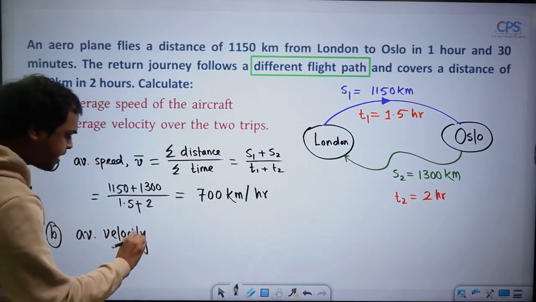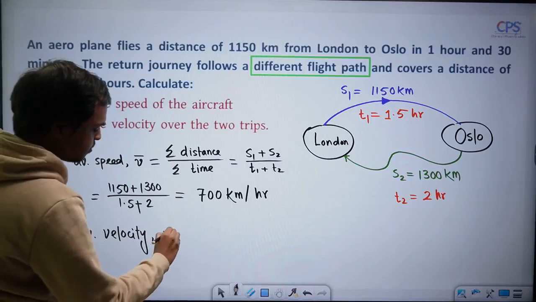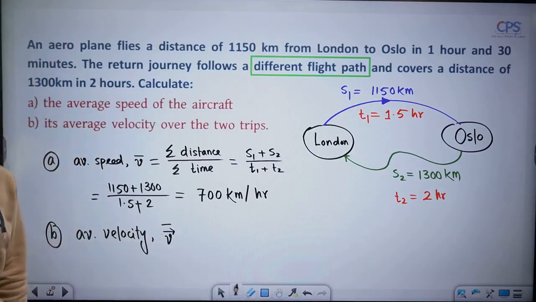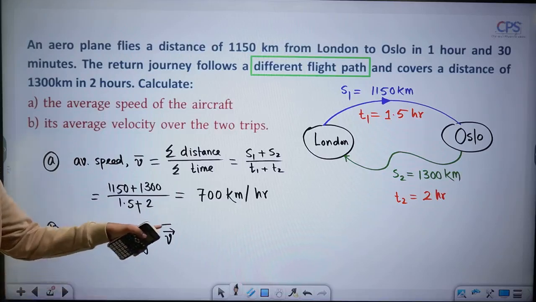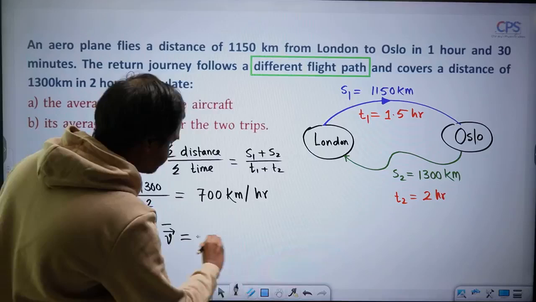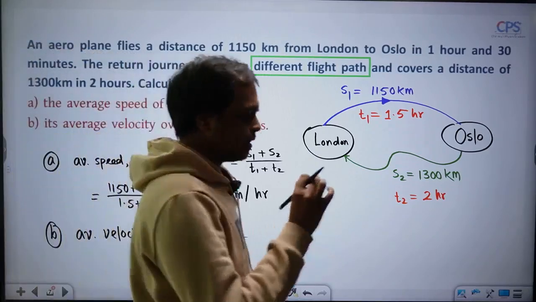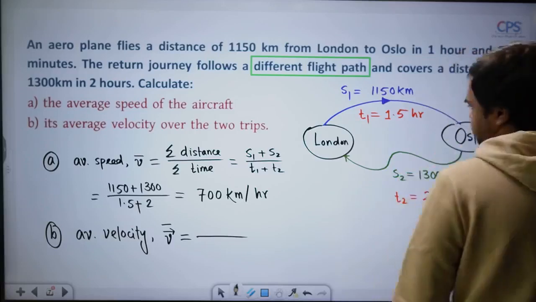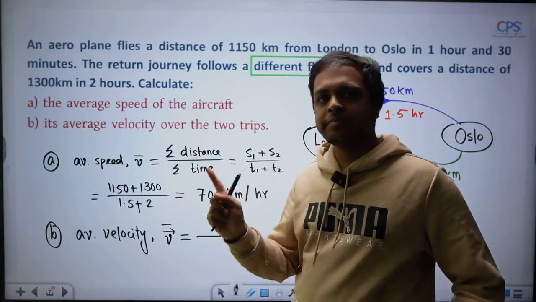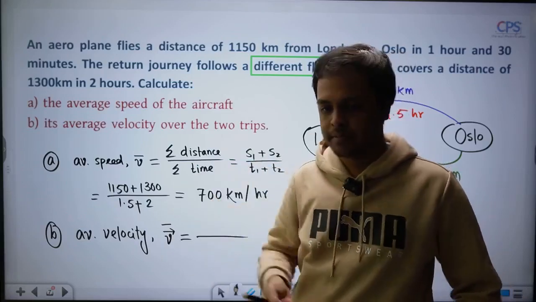Here is a catch about velocity. The average velocity, this arrow is for the vector and this bar is for average. Just remember this thing: the displacement is from the starting position to the end position over a specific time.